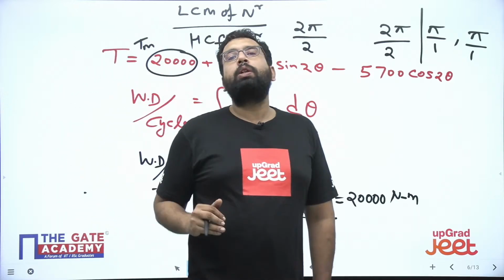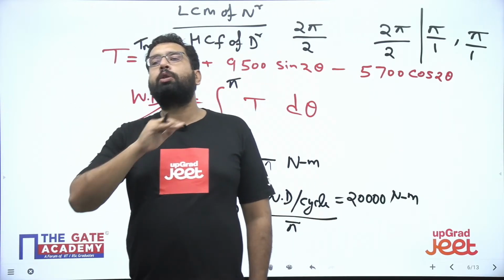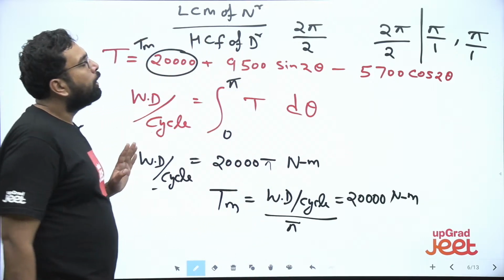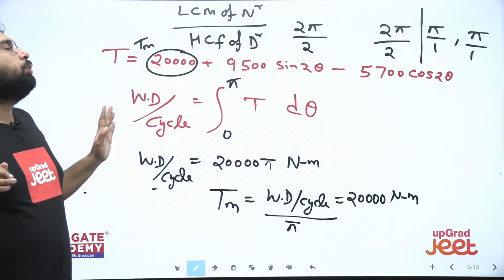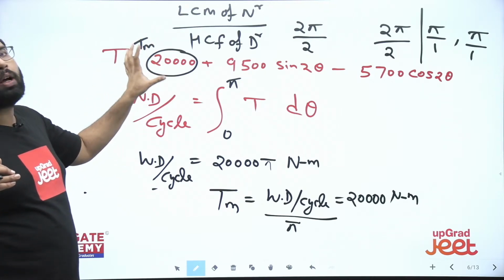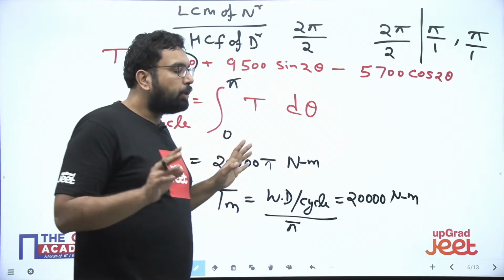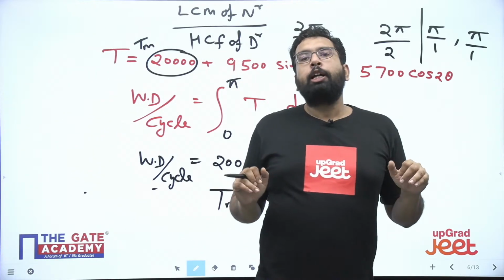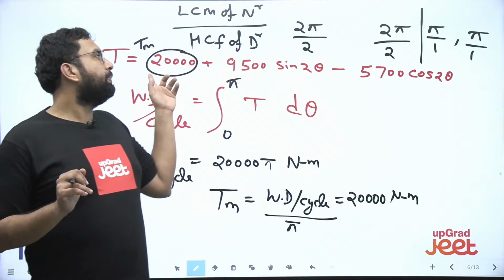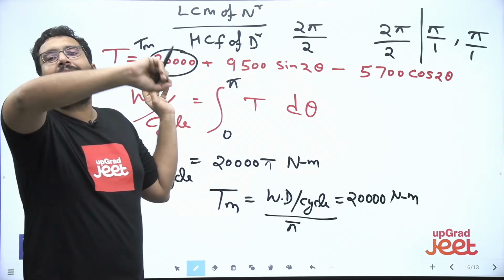Because we know that mean torque refers to the constant torque. In this relationship, this 20,000 has no sine or cos component multiplied to it, so when you plot it, it will be plotted like a straight line.